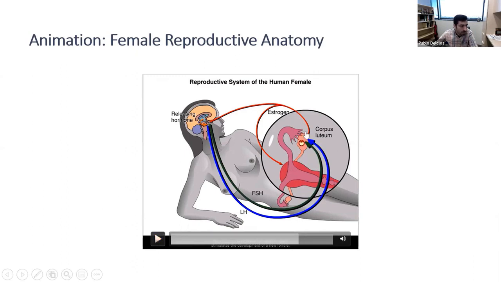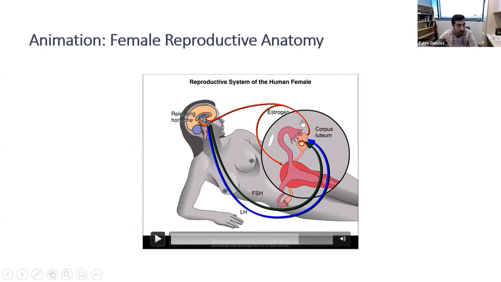Up until this point, we've seen that more estrogen results in less production of these two hormones. But the flip is also true. If there's less estrogen, then it's not inhibiting the production of these hormones as much.